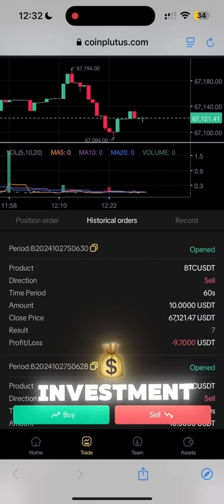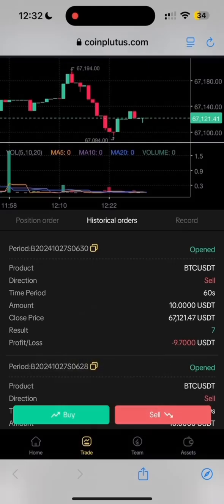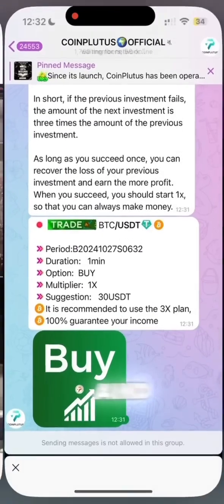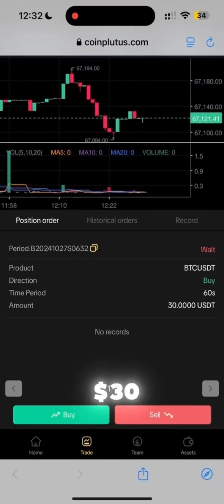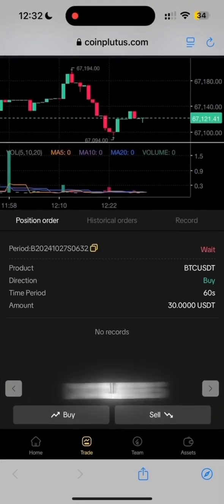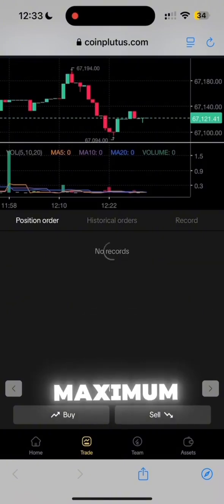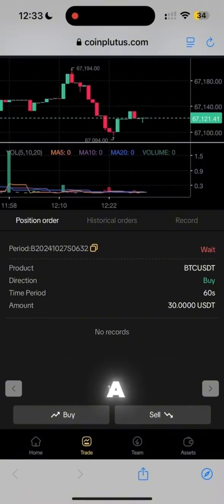the 3x investment. Okay. So under this one, you see I've lost $9.07, and on the second, which is $30, since my initial capital is $100, I've invested 30 USDT. So for that, it means that I'll earn more. So this is controlled, this is safe, this ensures maximum profit per person on a daily basis.